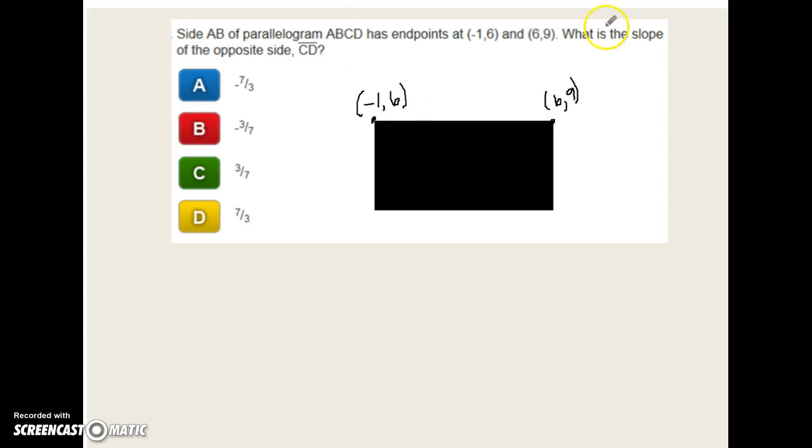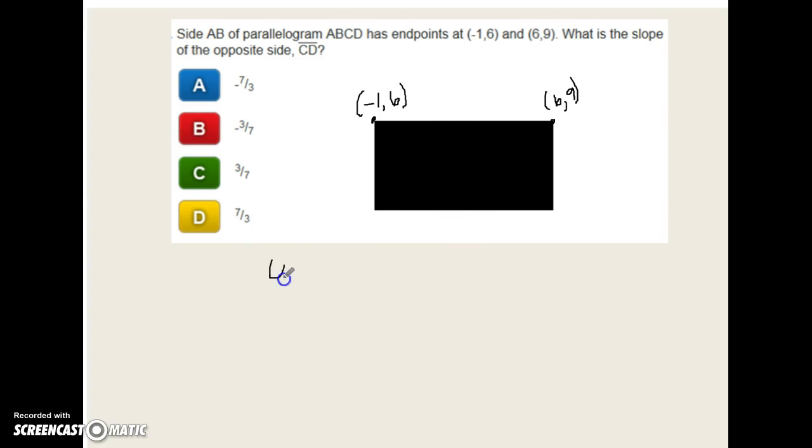We need to figure out what the opposite slope is. This is one side, and the opposite side is going to be here. These two lines are parallel, so they're going to have the same slope. So we just need to calculate the slope between these 2 points.